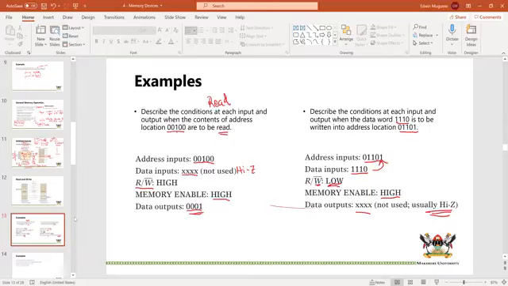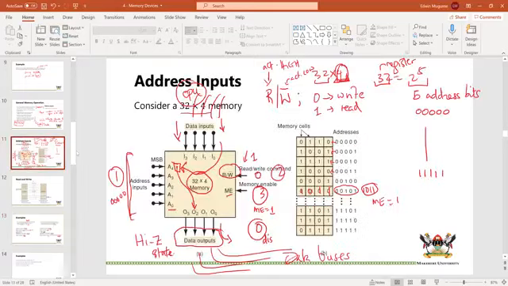Now, I should also mention here, actually, before we leave this, when I was talking about these lines, data lines, or the data bus. A bus is a combination of lines, of course, that we could use the same data bus to provide information for writing as to retrieve information or fetch information that we are reading. The reason why we are able to do that is because we cannot read and write at the same time.